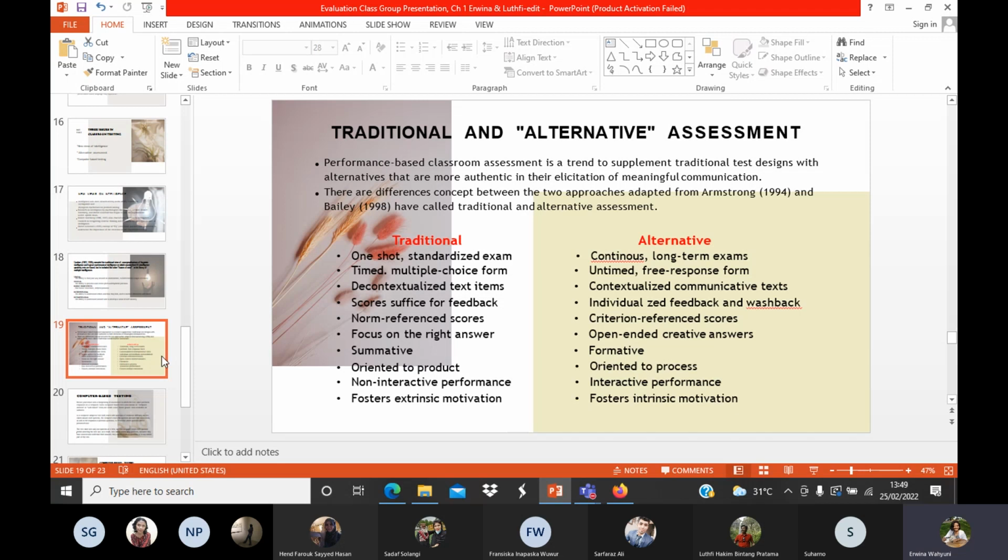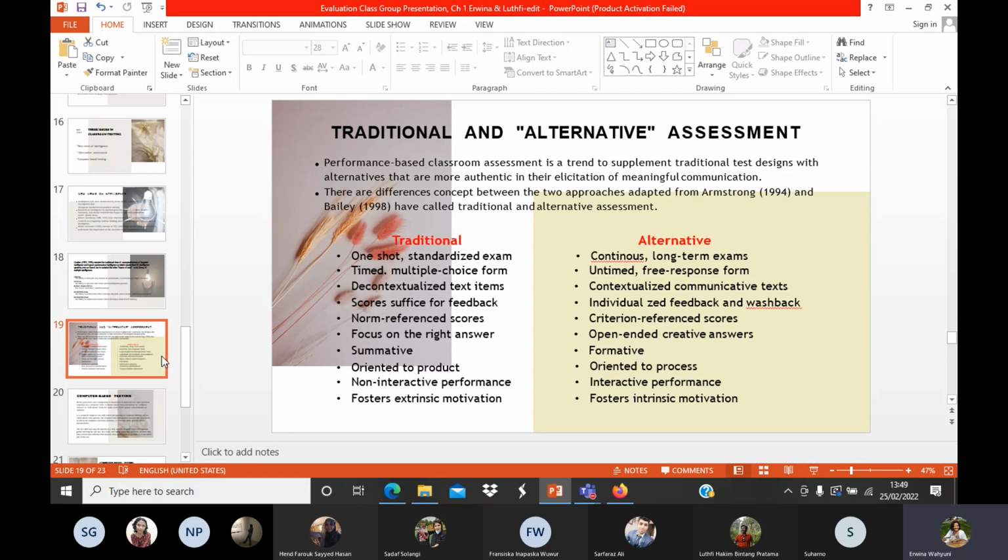Traditional is at an exact time, usually provided in multiple choice form, while alternative is a free creative answer type of question. Traditional contextual test items can be fictional, but alternative is more empirical, and relates more closely with whatever happens in the daily life of the students.